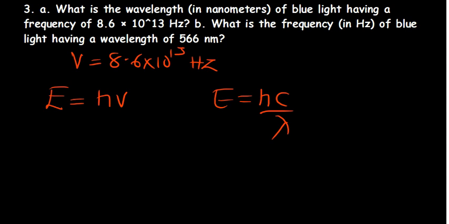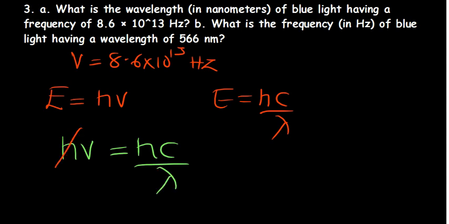If you equate these two formulas and relate the frequency and the wavelength, this is hc over wavelength, this is hv. Since these are equal, we can equate them: hv is equal to hc over the wavelength.